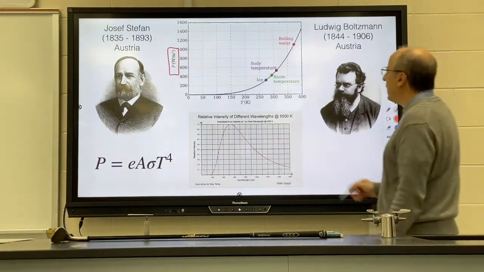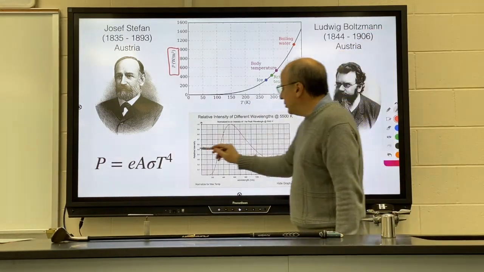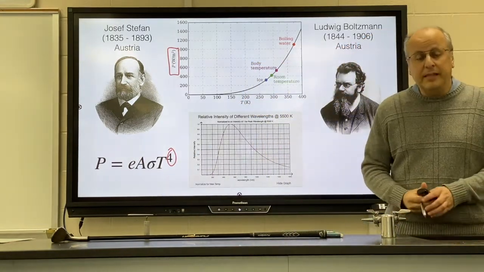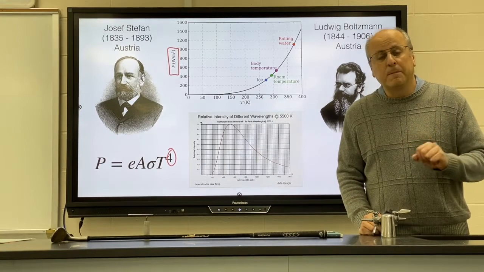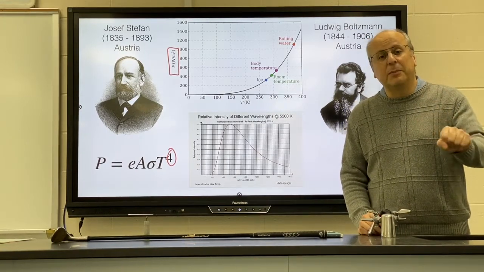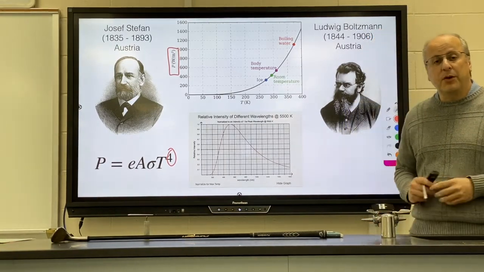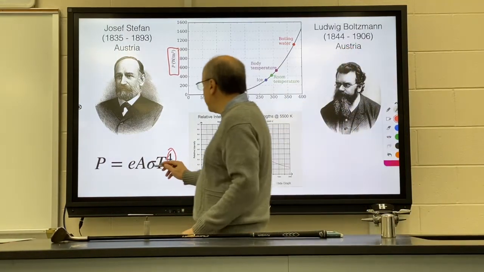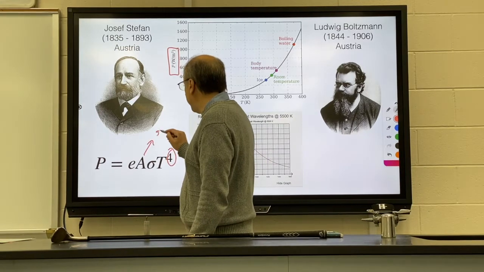And it turns out, even though it looks like a squared relationship, it's actually to the 4th power. And that's why when we double temperature, we get 16 times the power for the light coming off of our object.